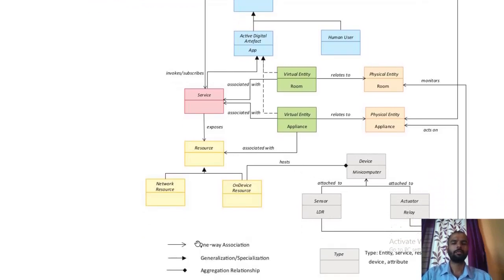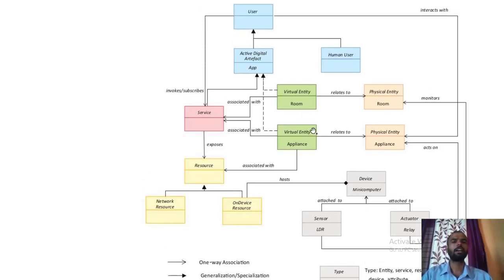So this is the diagrammatic representation and the indication of the different signs. Okay, so this arrow indicates the one-way association, this another arrow indicates generalization, specialization, etc., and entities are represented like this, okay, along with the attributes.